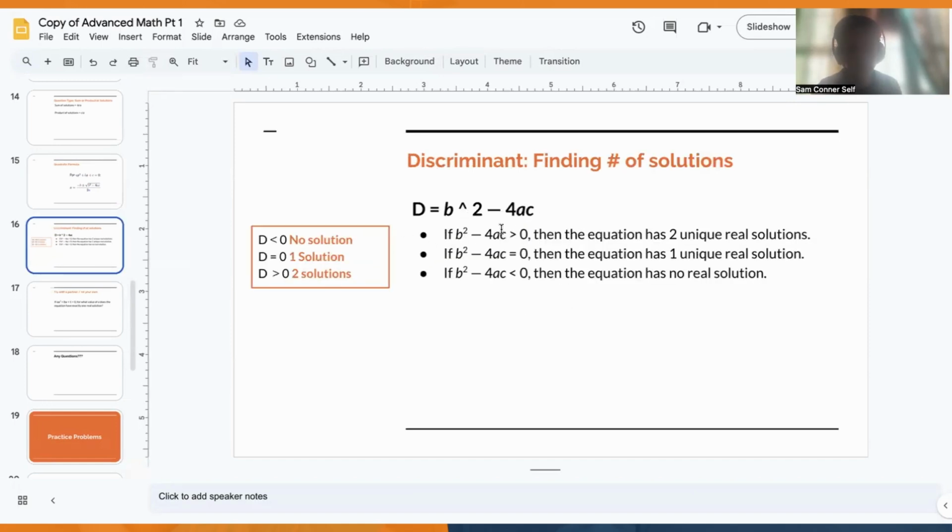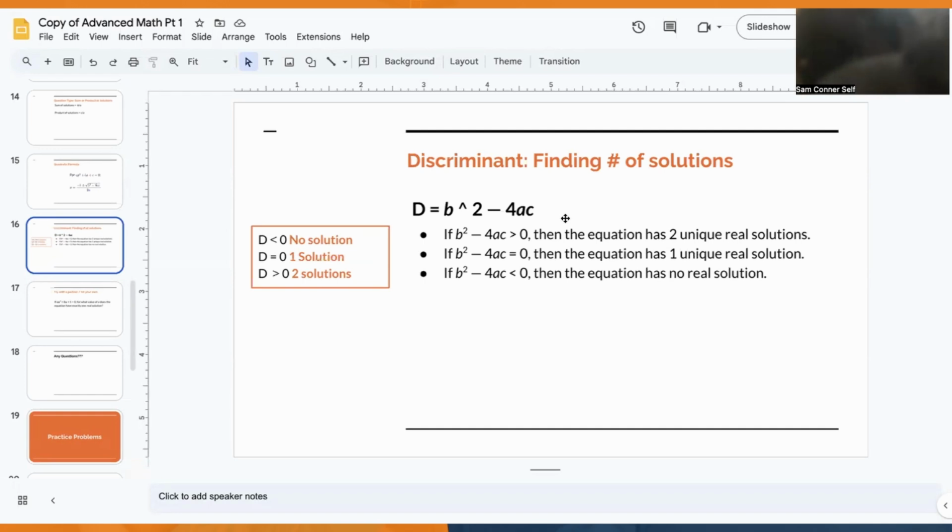And then when you are solving and plugging in the values that you have, if whatever value you find for this is greater than 0, then the quadratic function is going to have two unique real solutions. If it is exactly equal to 0, then the equation has one real solution.